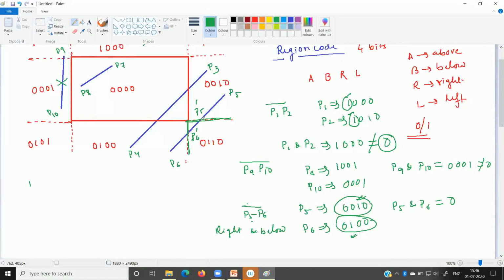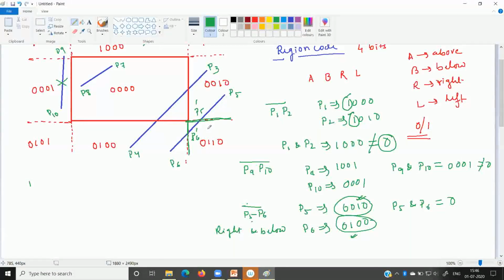For this particular point, the region code is 0010, and for this particular point, the region code is 0110. So for this intersected point, the line segment is again not present inside the polygon.